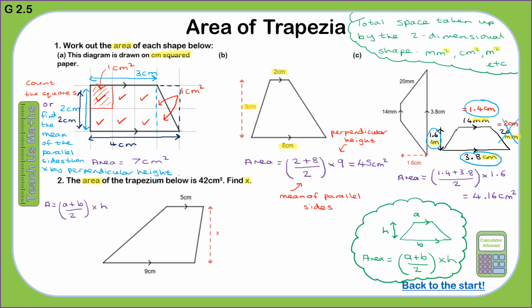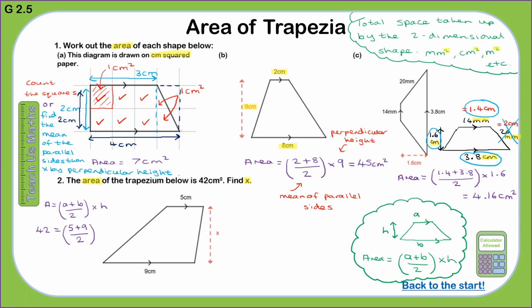So we know that the area is 42 centimetres squared. We know that A and B, our parallel sides, are 5 centimetres and 9 centimetres, and our perpendicular height is x.